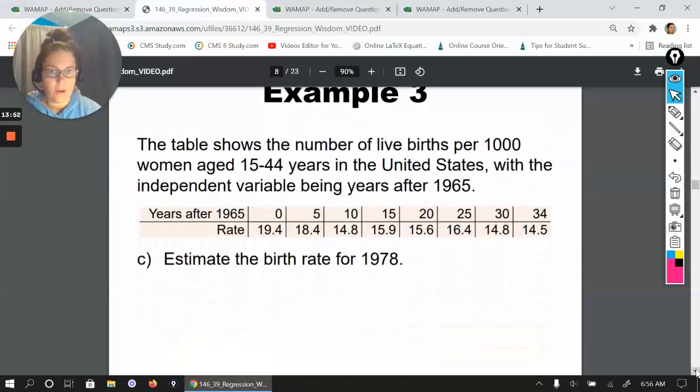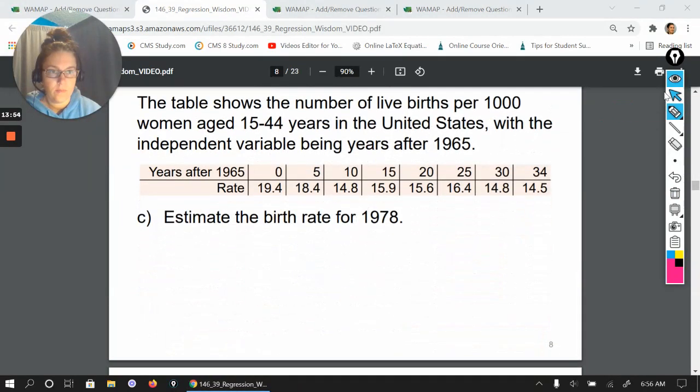Now let's answer part C. Estimate the birth rate for 1978. So 1978 would be year 13. So it would be right in here. And the way we know that is we take 1978 minus 1965, and that gives us 13 years after 1965.